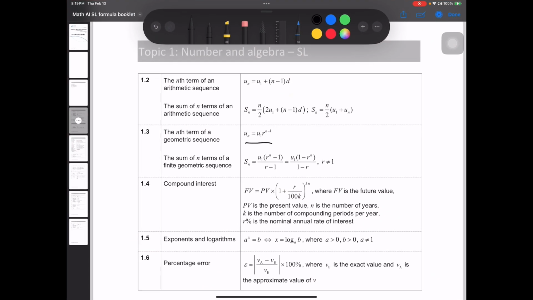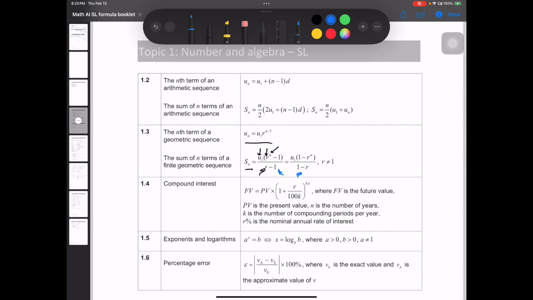Here we go, right here. So the sum of n terms in a geometric sequence. They don't give us these, so we need to remember this is the value of the first term, this is r, the common ratio, and n is how many terms we are adding together, and this is once again r. Both of these are the exact same, this one and this one. If you're going to use your calculator, it doesn't really matter.